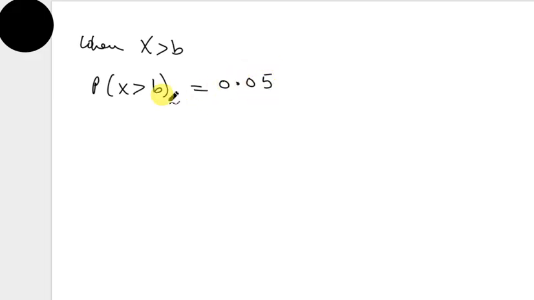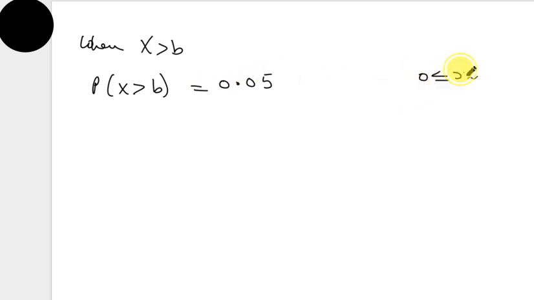Now I have to consider the case when x is greater than b. Probability of x greater than b equals 0.05.